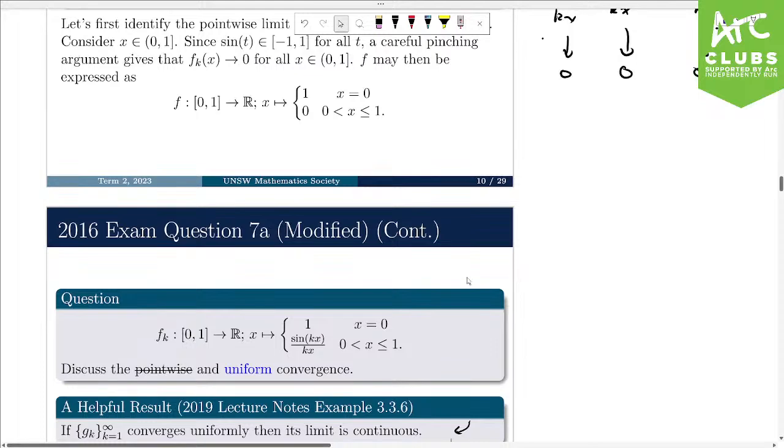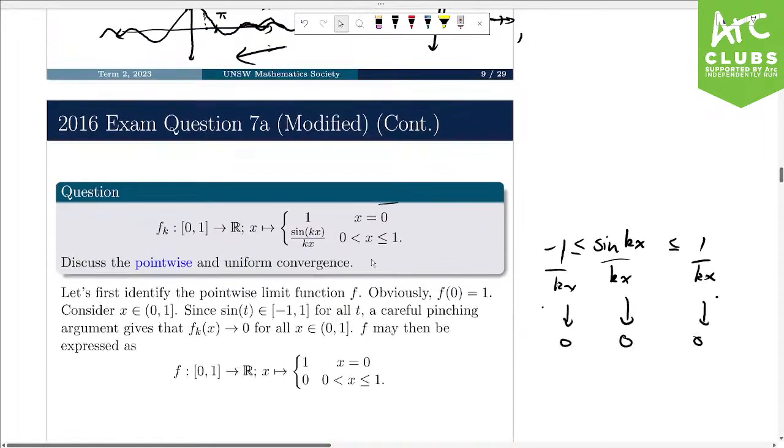and something else to note is that pointwise and uniform limits of a sequence of functions will always be the same if they both exist. So uniform implies pointwise. That direction is clear to see.